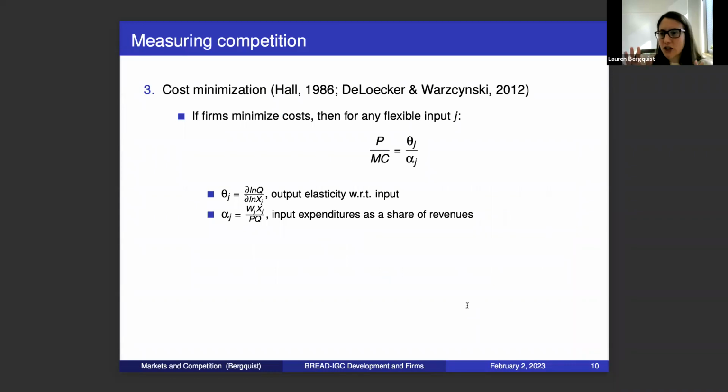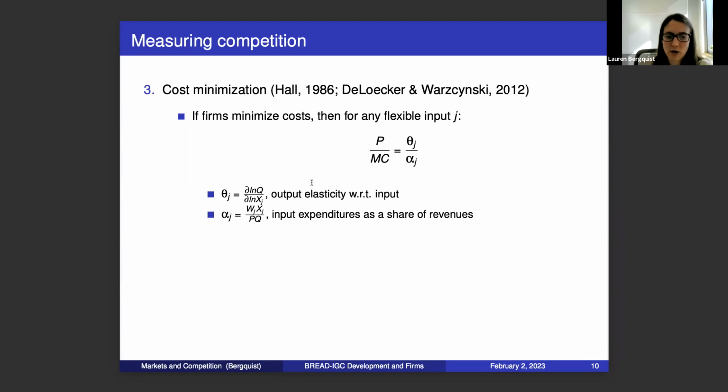Okay. So in recognition of some of these measurement challenges, an approach that's grown in traction is the idea of cost minimization, or basically a production function approach. The basic idea here is that if firms are minimizing cost, then for any one given flexible input J, markups are going to be equal to the output elasticity with respect to that input.